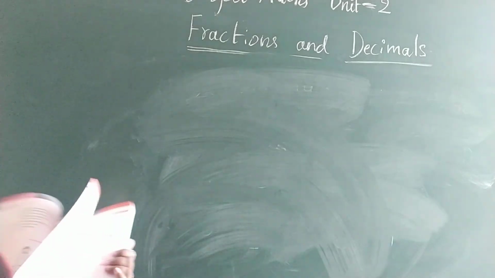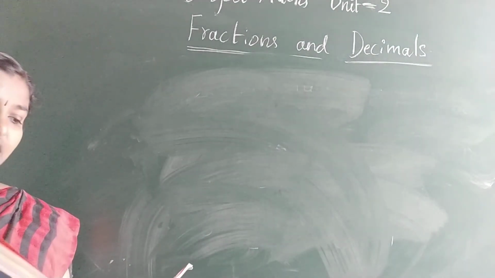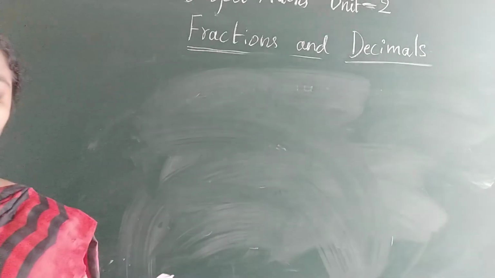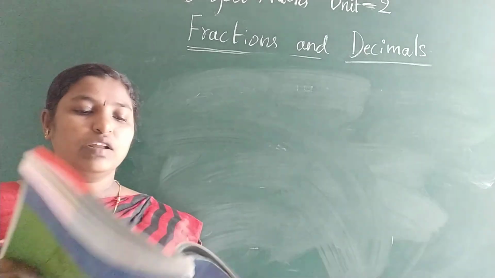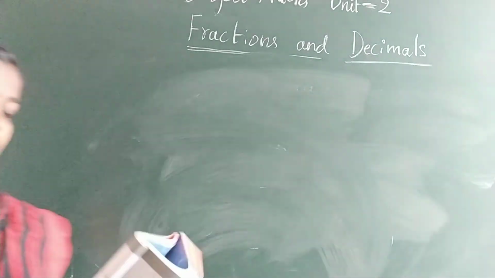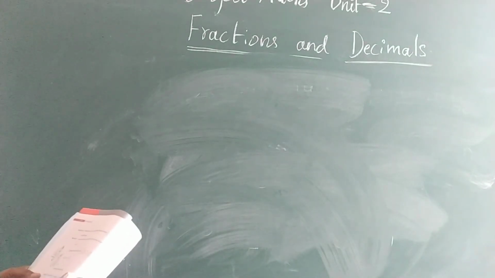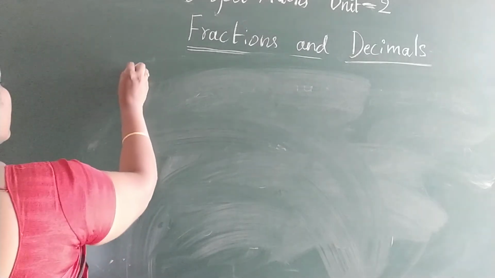The word problem they gave here, on page number 30: Ramesh solved 2 by 7 part of an exercise while Seema solved 4 by 5 of the exercise. Compare in order. Who solved the lesser part?